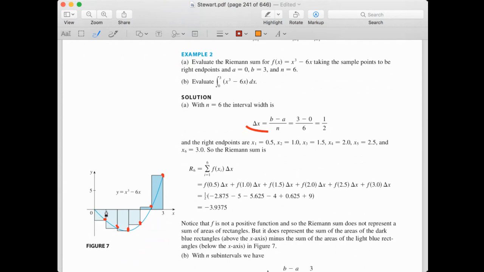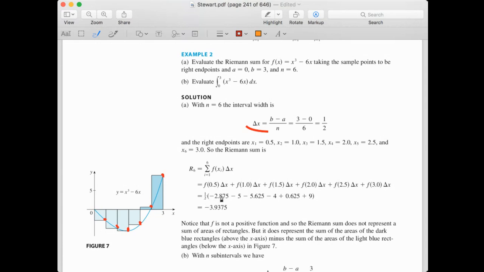The first one will be one half, so f of one half. The second one would be half plus half, which is 1, f of 1. Then f of 1.5, f of 2, f of 2.5, f of 3. Then multiply by delta x, the change in x, which is one half.